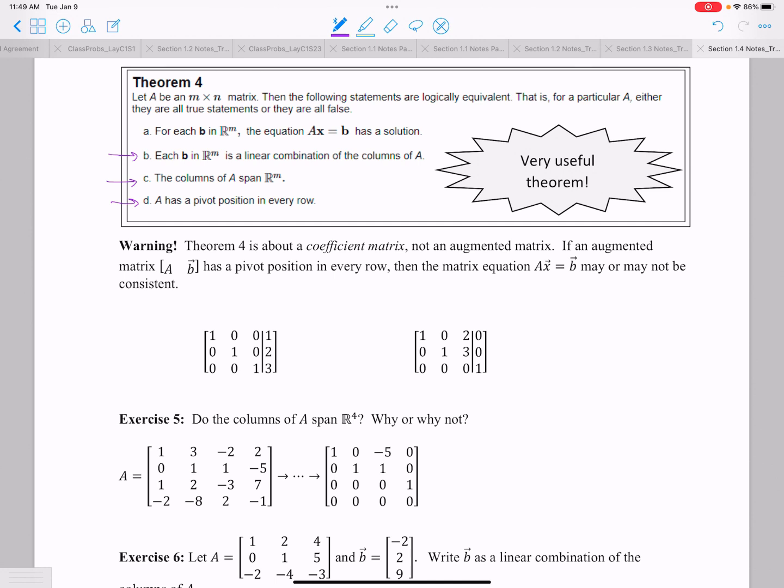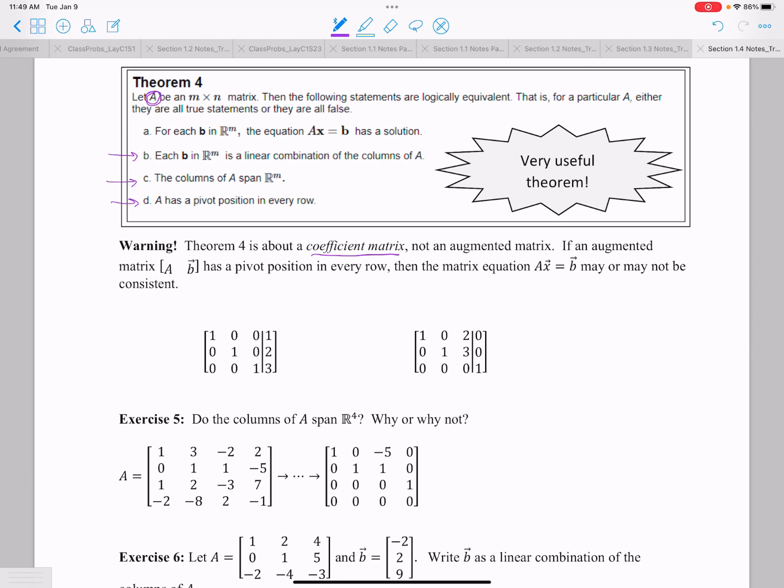I just want to point out that when they talk about this theorem, this A right here in the theorem is a coefficient matrix, not the augmented matrix. As an example, if an augmented matrix, A with b, has a pivot in every row, then the equation Ax equals b may or may not be consistent.